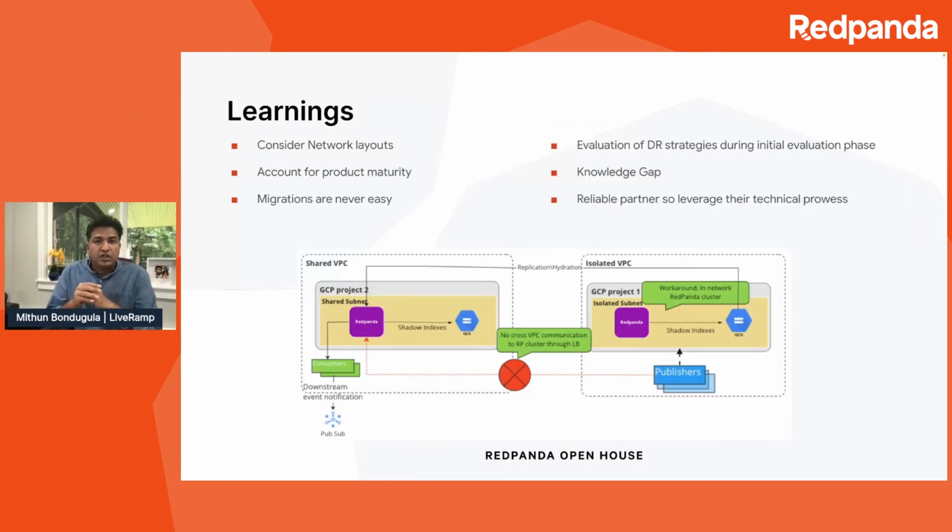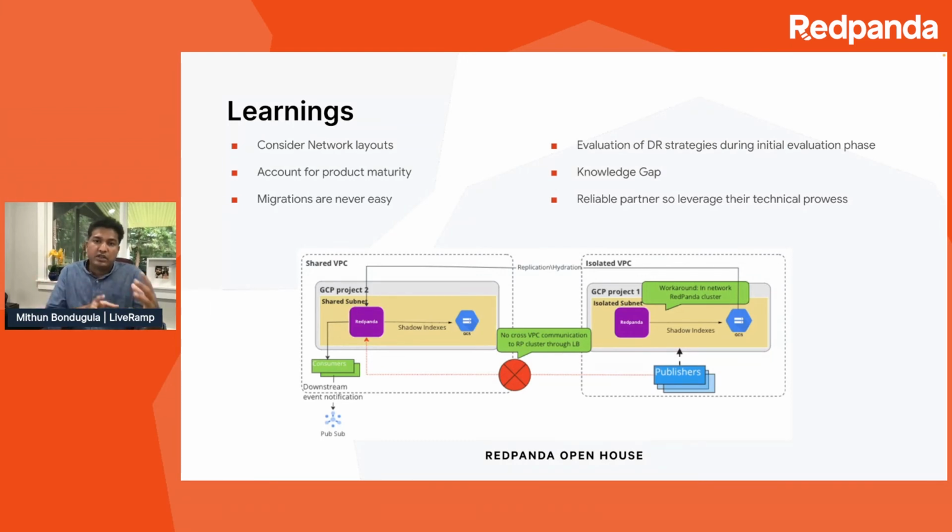All right, learnings. The diagram at the bottom of the screen shows one of the challenges we ran into, where our publishers are in an isolated network trying to talk to the Redpanda cluster in our shared network. The shared network is a lot more protected, so the publishers had to go through a single entry point, a load balancer or a firewall.